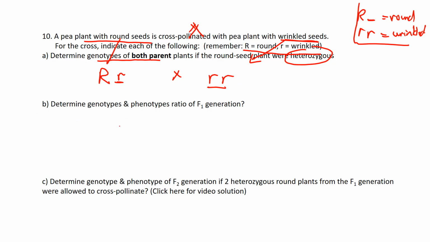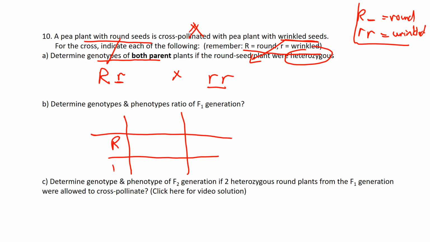10B, let's put the genotype and phenotype frequency of that cross to get an F1 generation. So let's put the capital R, little r, isolate those into gametes, and the little r, little r, isolate those into the gametes across the top and fill them in. Capital R, little r, it's going to be round. Capital R, that's going to be round.